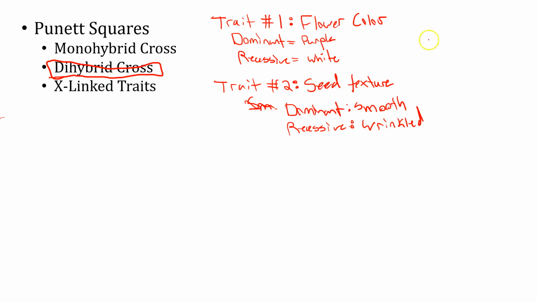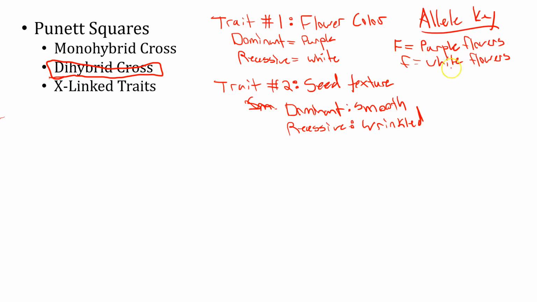Okay, so let's put our allele key up. We'll say that big F equals purple, little f equals white flowers, and that's for trait number 1.